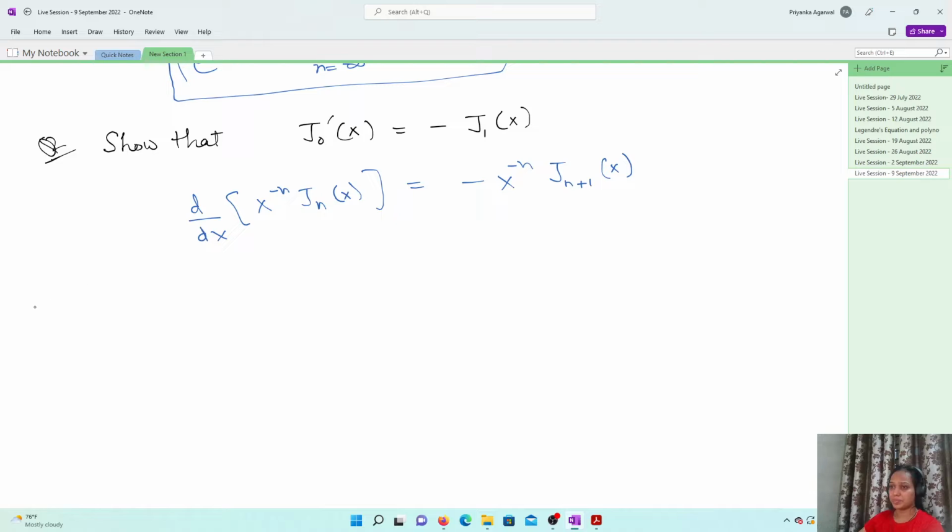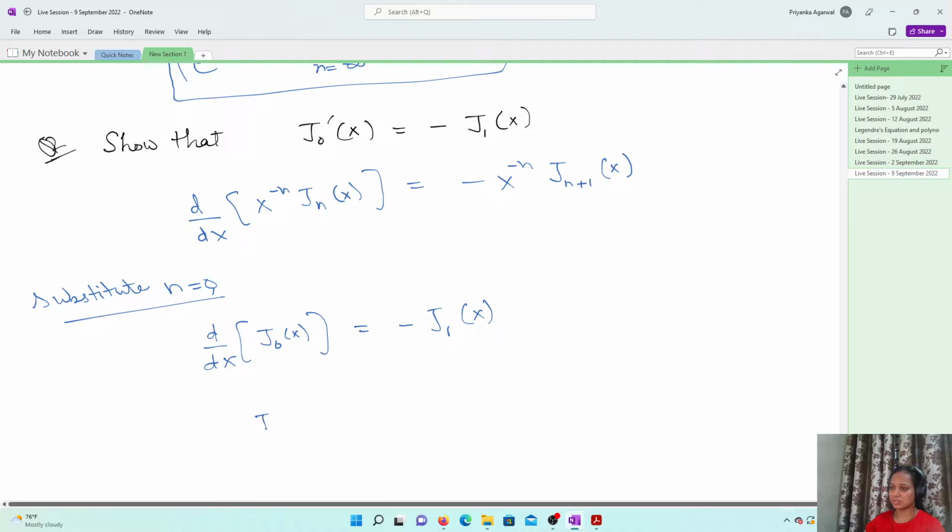Right? Now substitute n equals 0. What you will get is d by dx of x to the power 0, that is 1, J0 of x equals minus x to the power 0, again 1, J n plus 1, now J1 of x.